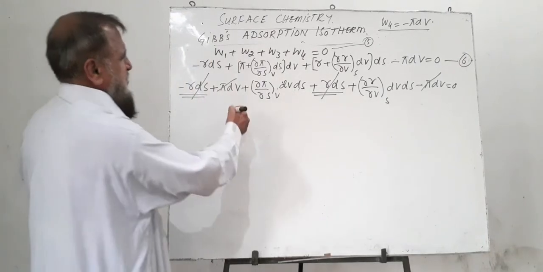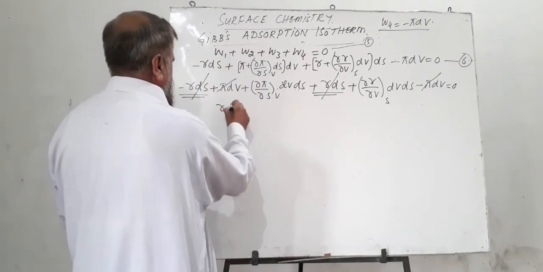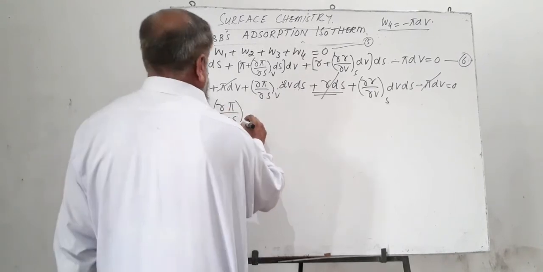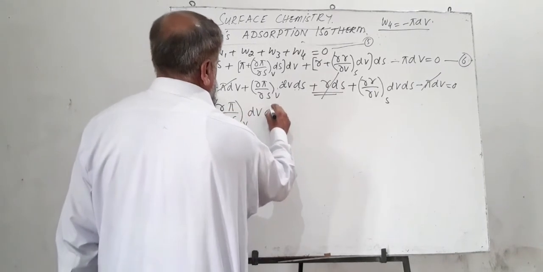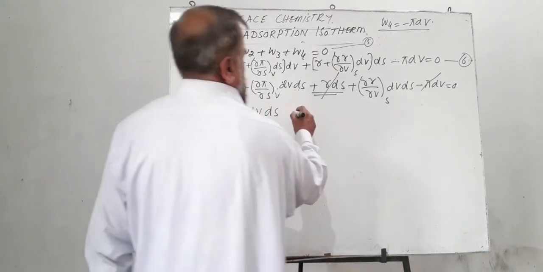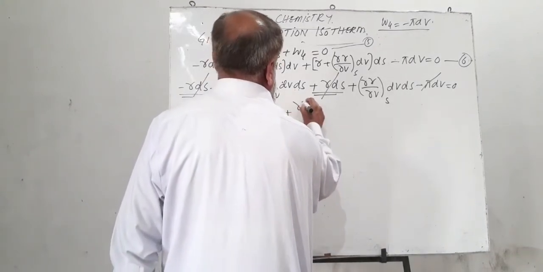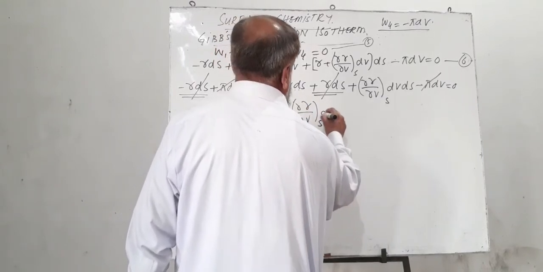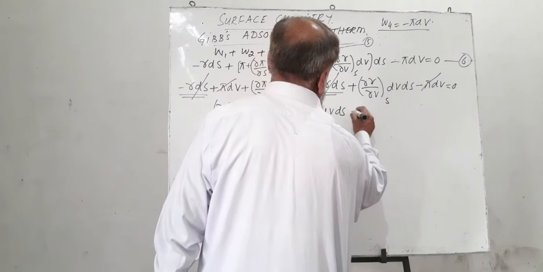The net equation which we obtain is (∂π/∂S_V) dV dS plus (∂γ/∂V_S) dV dS is equal to 0.